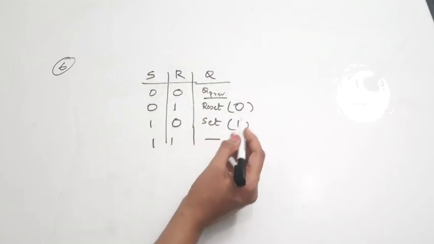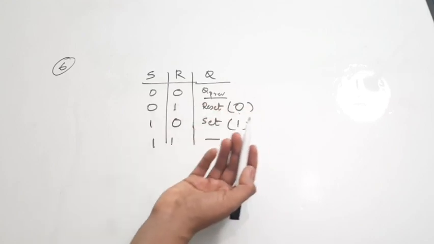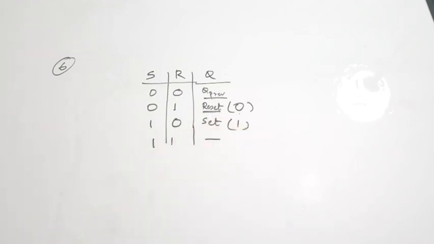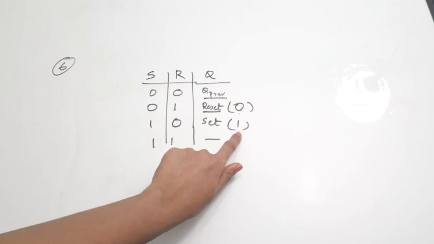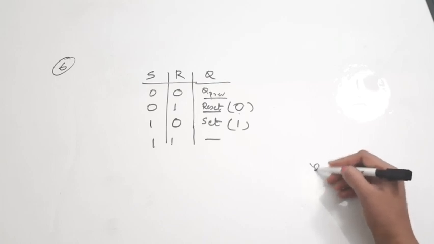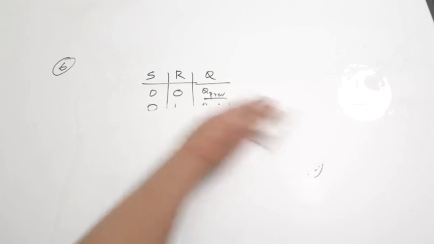Now the question is asking in the reverse, that is if the value of Q is 0, then what is the state? It is called reset state. Okay, if Q is 0, it is reset state. If Q is 1, it is called set state. Okay, so I'll read out the question once again. In a SR flip-flop, if Q is 0, the output is set to be dash. The output is actually reset condition, or it is a reset. So correct answer is option B. Okay, next question.